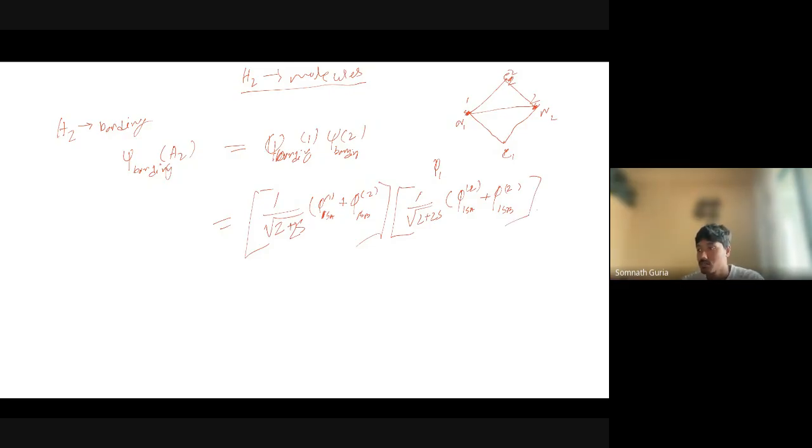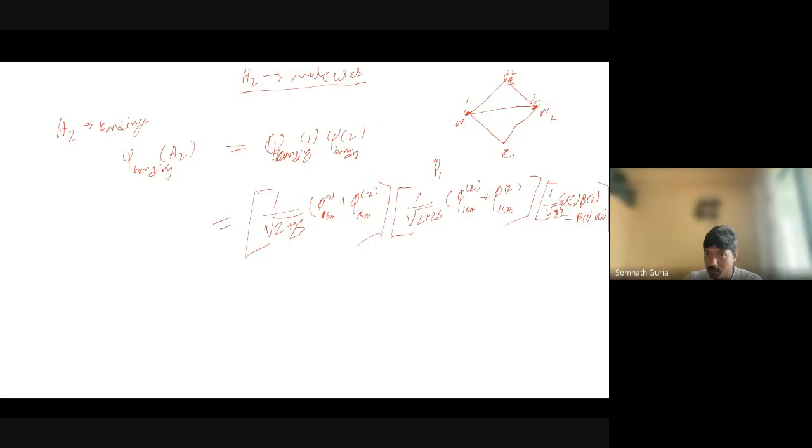Now comes another picture called spin. For the spin, we have 1 upon root over 2 into alpha of 1 into beta of 2 minus beta of 1 alpha 2.